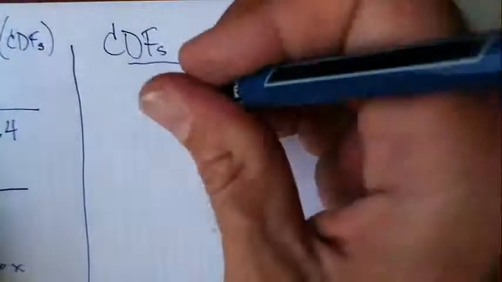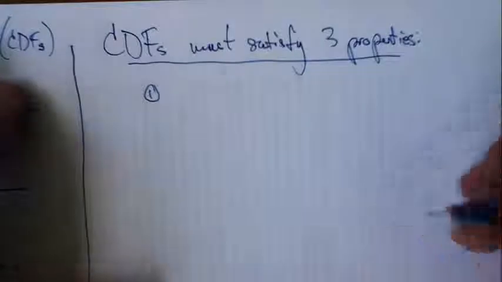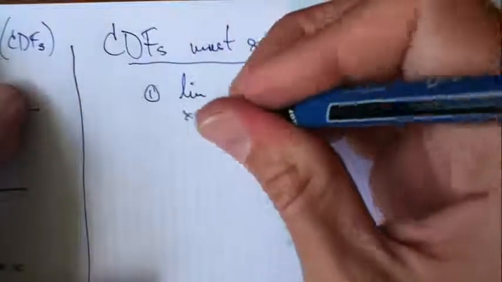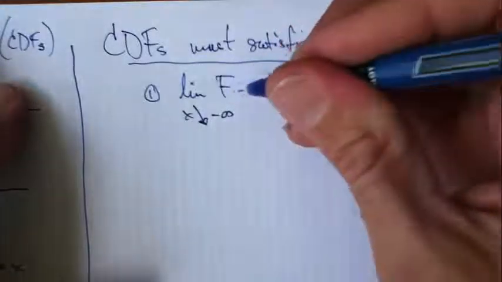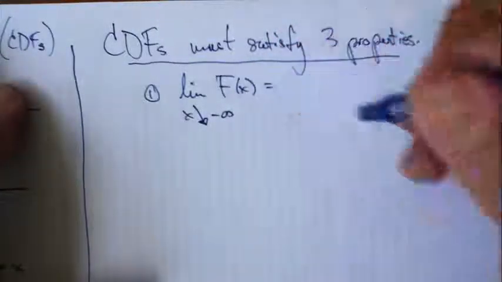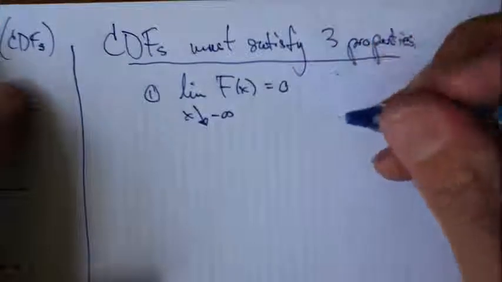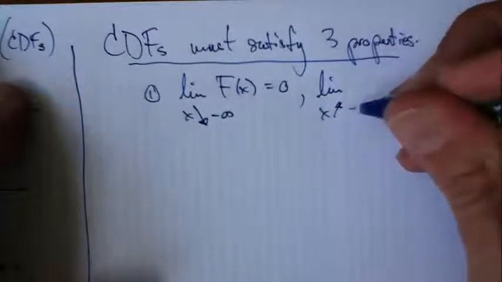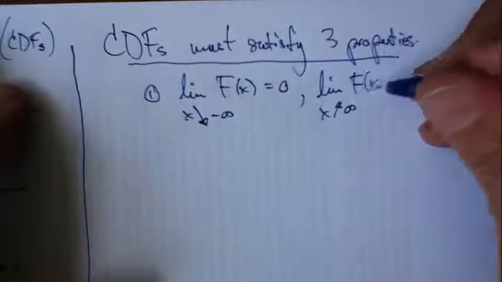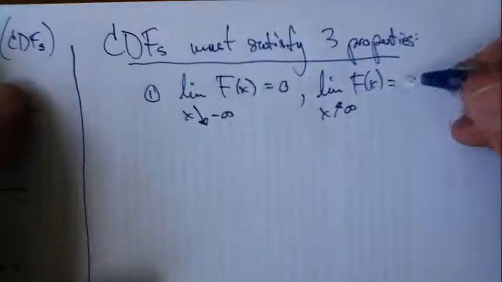Number 1, the limit as x goes down to -infinity of the CDF is always 0, and the limit as x goes up to infinity of the CDF is 1.